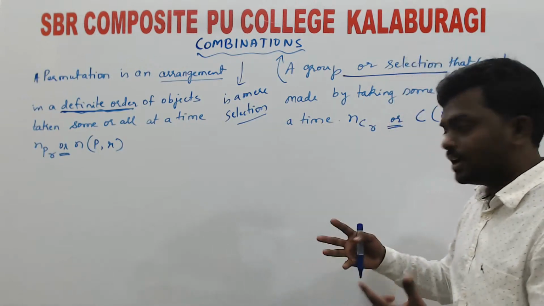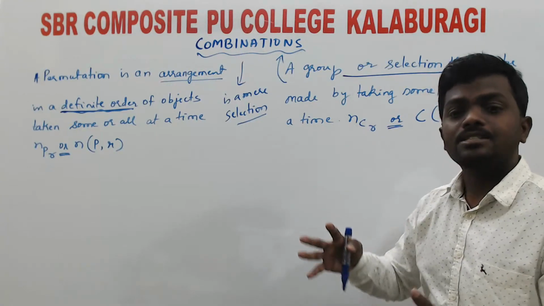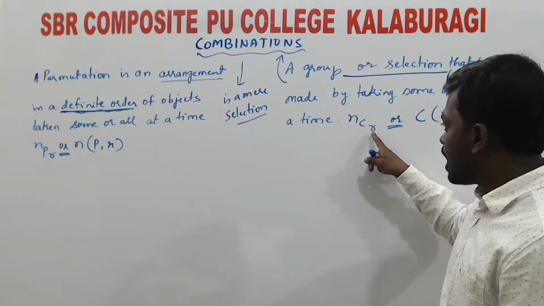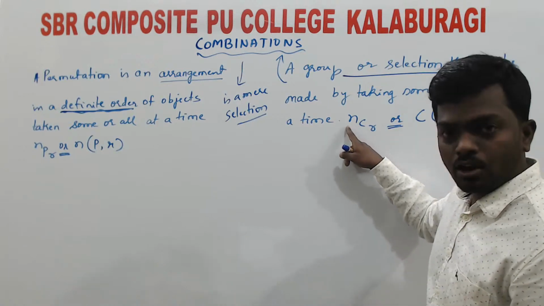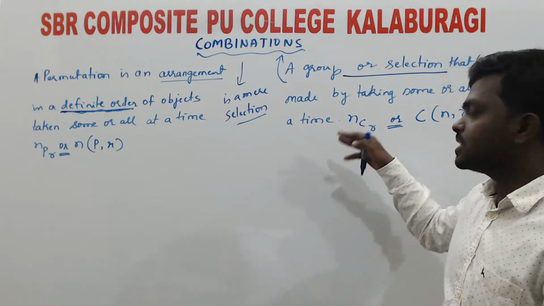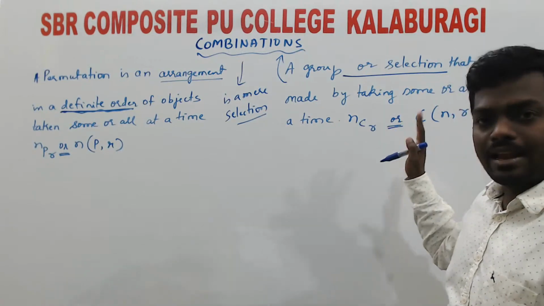So if there are n objects and you are asked to select or form a group of r objects, r objects out of n objects can be selected in nCr ways. We shall see the formula also in the later part.